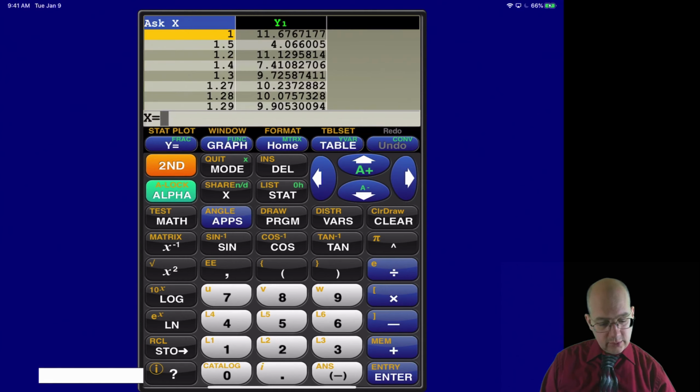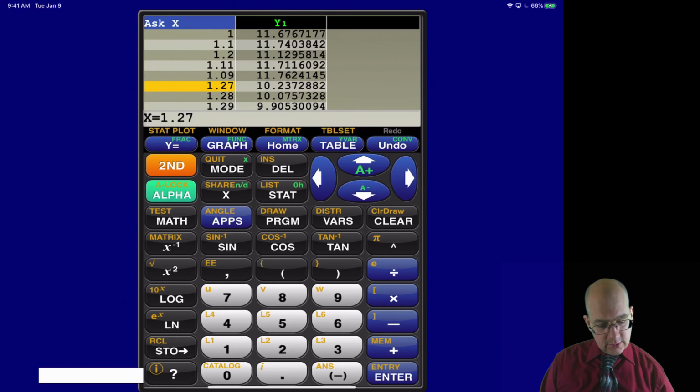So 1 looked pretty good. So you do 1.1. So 1, then 1.1, 11.74, so it got larger. 1.2, not so large. So it's somewhere in between those. 1.11, is it going down or up? So it went down from there.